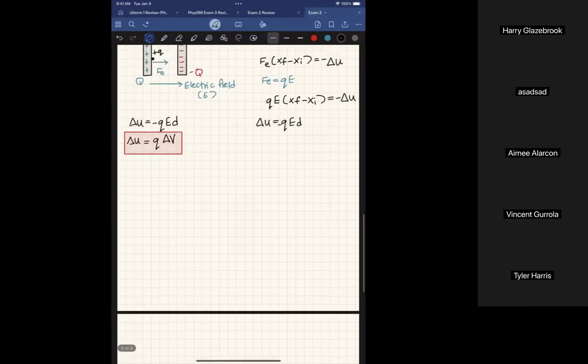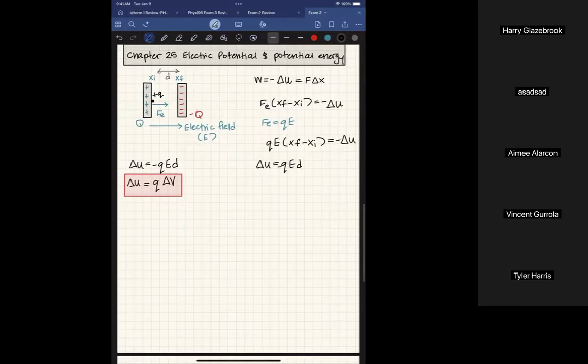So I just described what the electric potential is. So this is U F minus U i, change in electric potential energy. This has units of joules because it's an energy. Q is the charge that's in our capacitor.